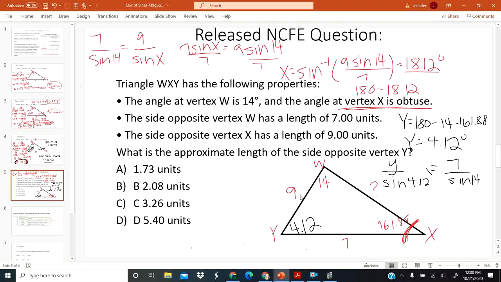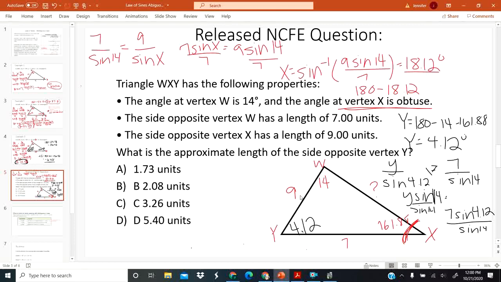So we would cross multiply and get y times the sine of 14. And that would be equal to 7 times the sine of 4.12. And so then to get y by itself, we're going to need to divide by the sine 14 on both sides.